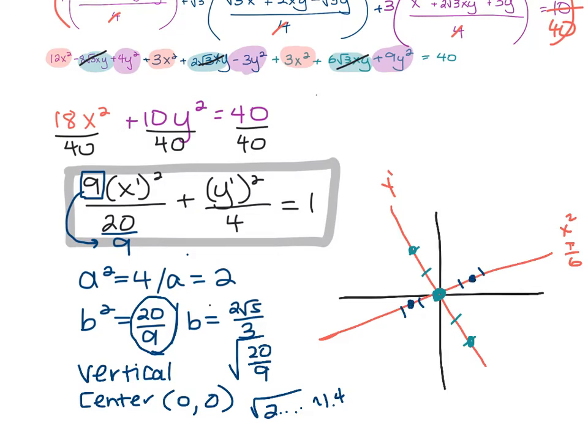Then that means my B goes out that far. And then I connect those to make my rotated ellipse. Questions on the rotation?